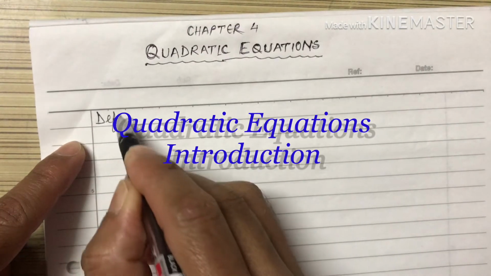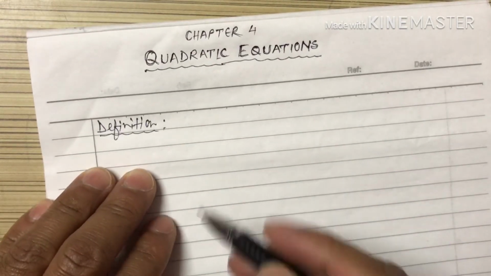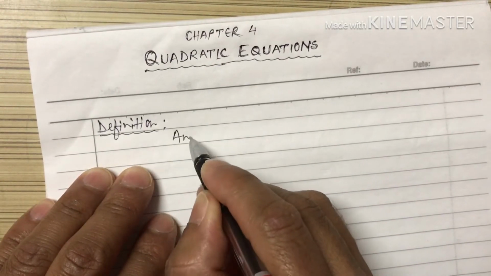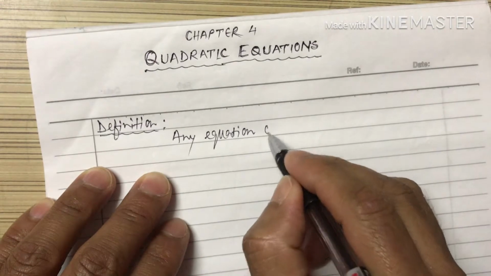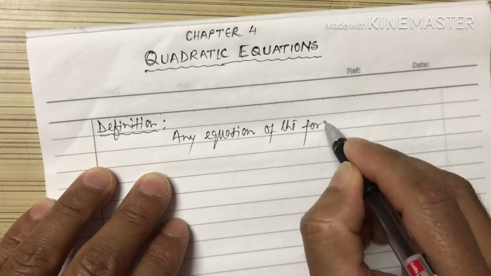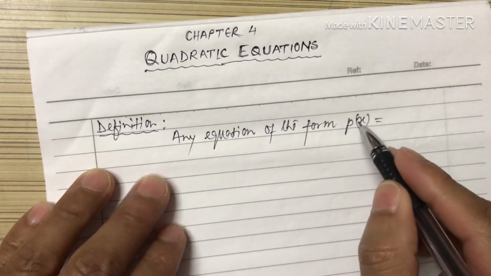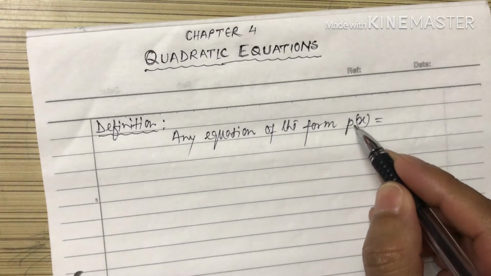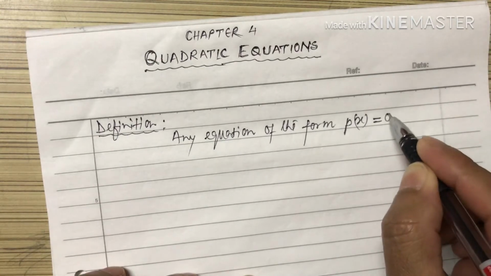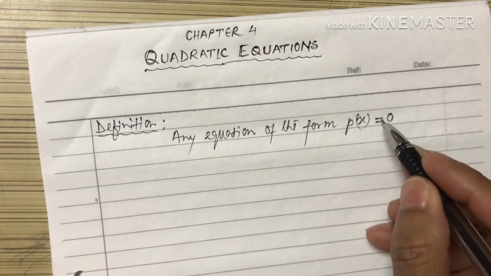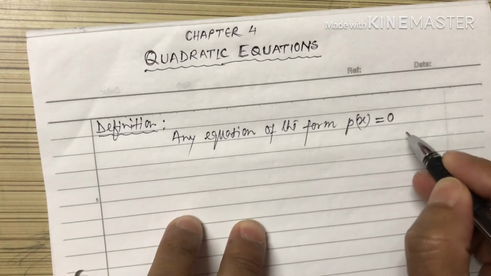So the definition is: we define any equation of the form p(x) = 0, where p(x) is a polynomial of degree 2, as a quadratic equation. We know p(x) already from chapter 2. This is a polynomial. Now we are using it in terms of an equation because the equal to sign is there, so p(x) is equated with 0.